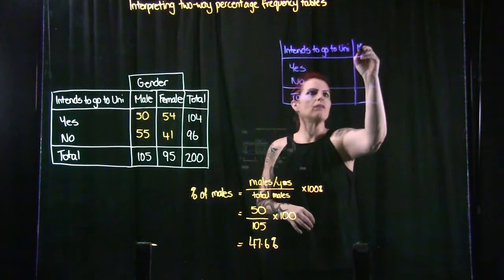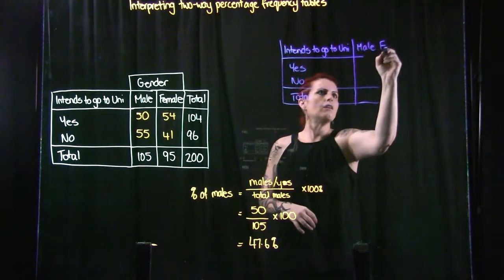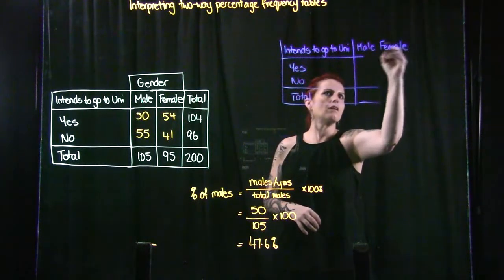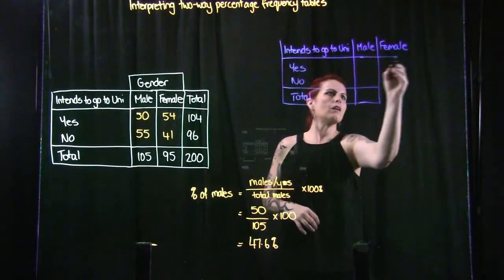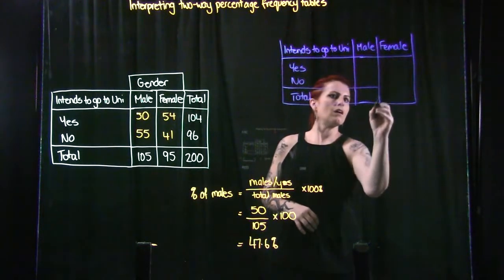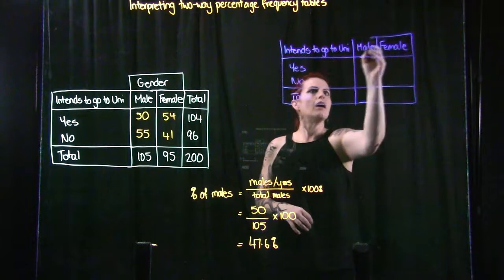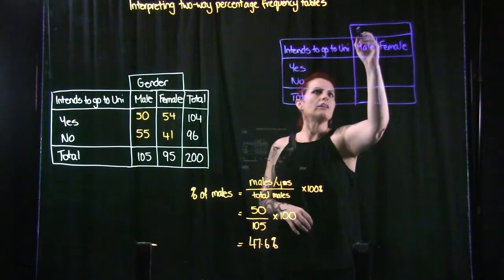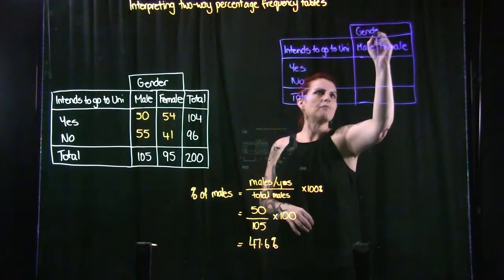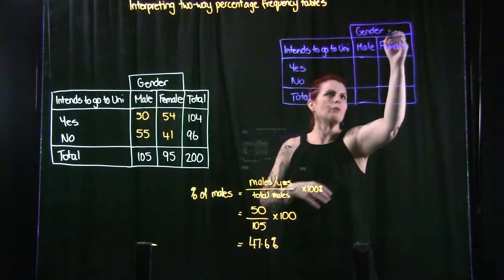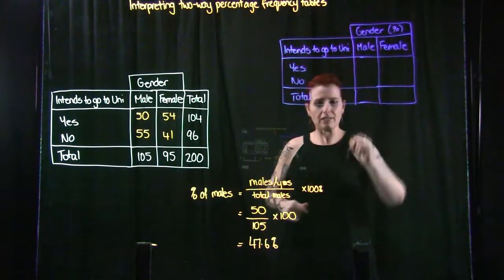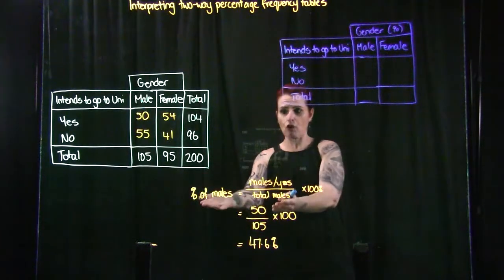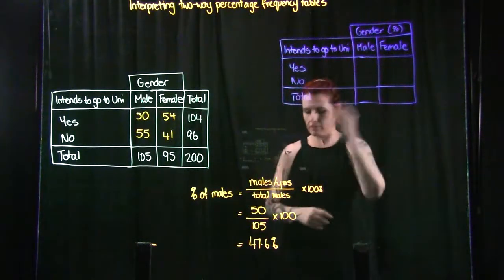We have male, female, and of course gender. And because I don't want to put percentages all through my table, this is our percentage gender, because it's percentage of males, percentage of females.